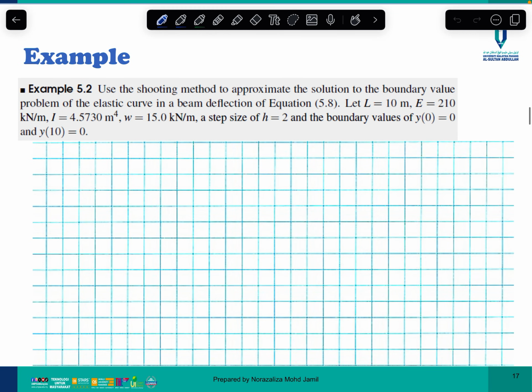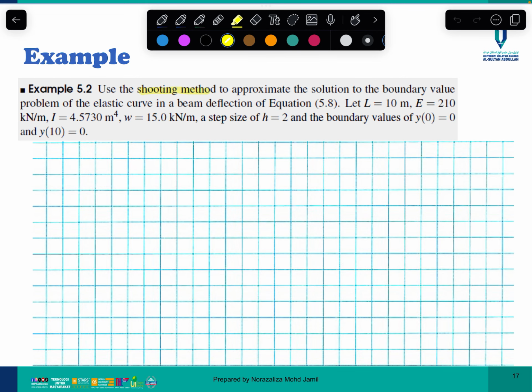Example 5.2: use the shooting method to approximate the solution to the boundary value problem of the elastic curve in a beam deflection of equation 5.8.